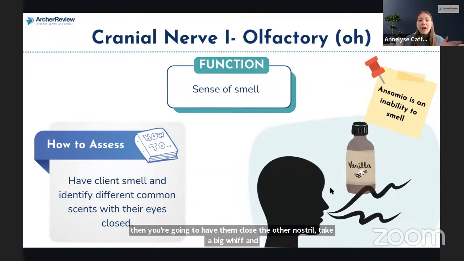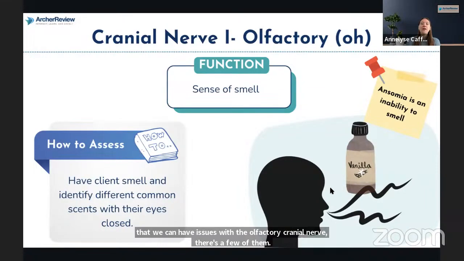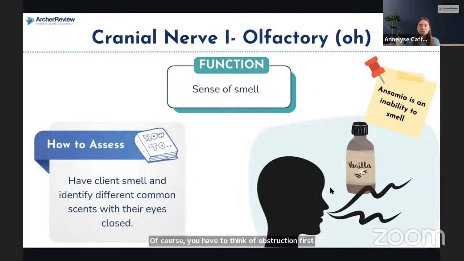Reasons that we can have issues with the olfactory cranial nerve, there's a few of them. Of course, you have to think of obstruction first off, because it's the most frequent, more than just nerve damage. If the nose is totally blocked, so they're super stuffy, they have allergies, they have a cold, their sense of smell is going to be decreased. And that would be a normal assessment finding for that client.